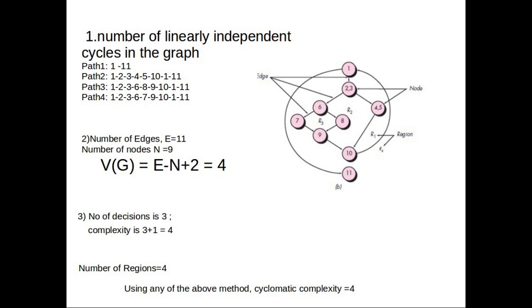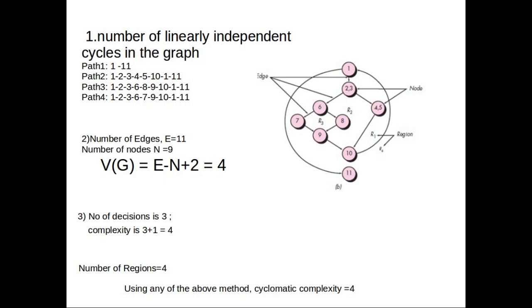Path 1, Path 2, Path 3 and Path 4 constitute a basis set for the flow graph in this example. That is, if tests can be designed to force execution of all these paths, every statement in the program will have been guaranteed to be executed at least one time, and every condition will have been executed on its true and false sides.